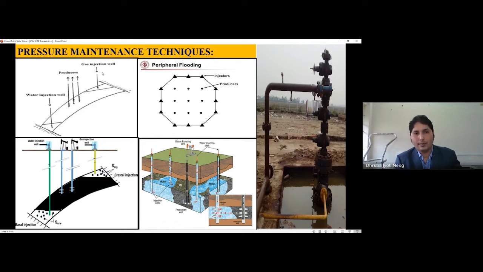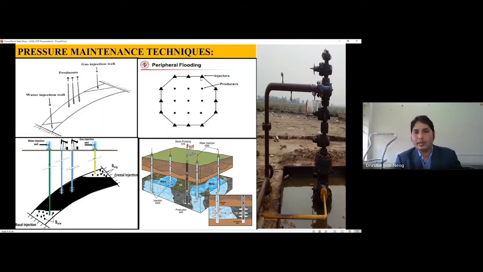If a gas cap was originally present in the reservoir, this is a good choice, and if it is found that the size of the gas cap was not large, and therefore it was not possible initially to maintain the reservoir pressure in the oil bearing part, gas is injected so that it can further maintain the pressure.